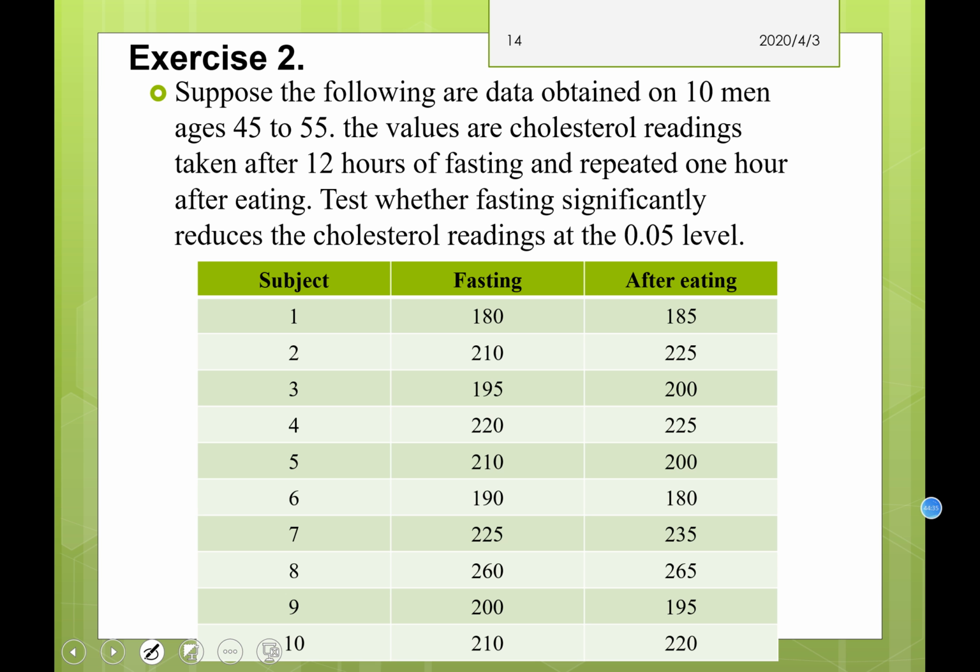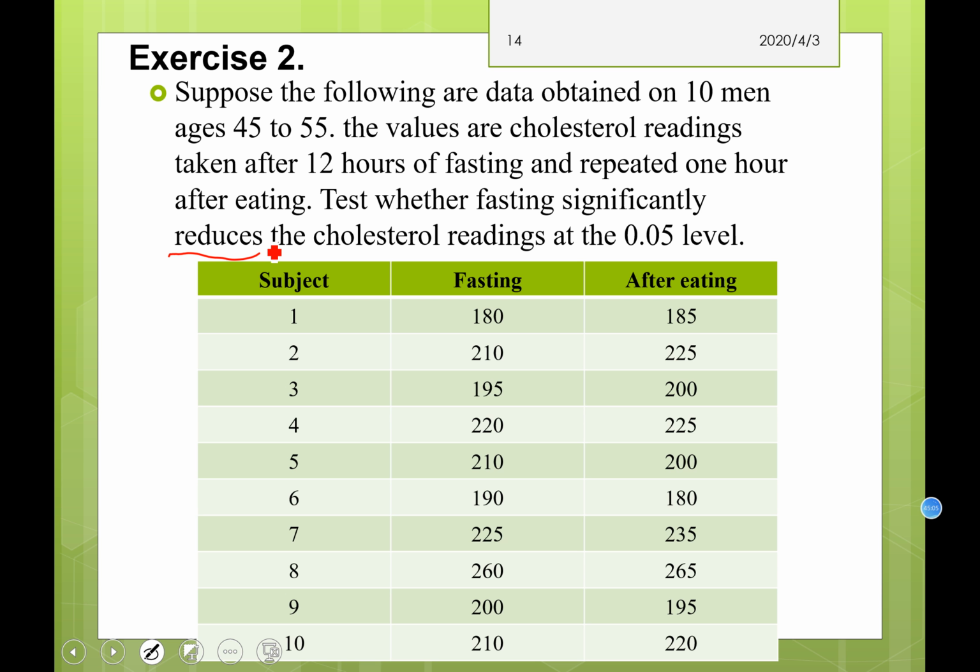Let's analyze this question. Here, suppose the following are data obtained on 10 men ages 45 to 55. The values are cholesterol readings taken after 12 hours of fasting and repeated 1 hour after eating. Test whether fasting significantly reduced the cholesterol readings at the 0.05 level.